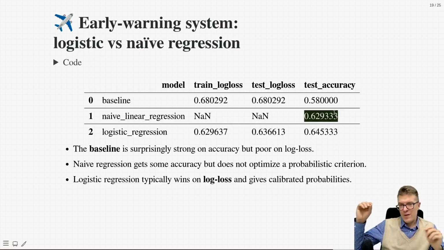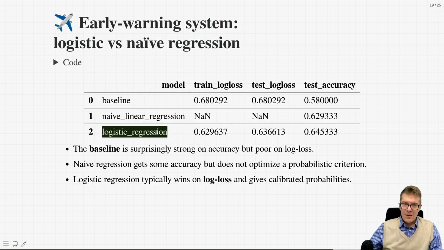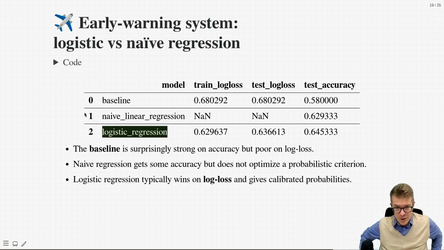And after we fit a model linearly, given our values of inputs, we now have a 63% accuracy on our test set. Logistic regression, which we've set up according to our method we mentioned earlier, is doing gradient descent according to the function we derived earlier.